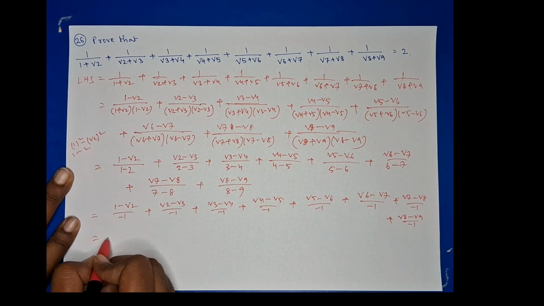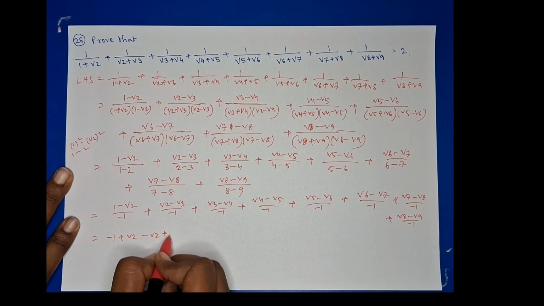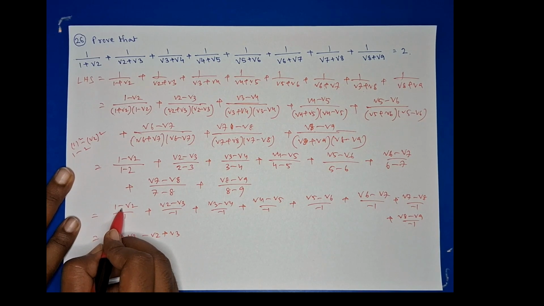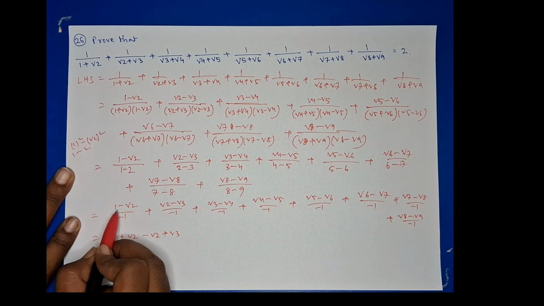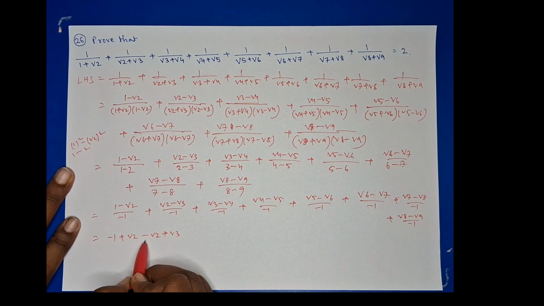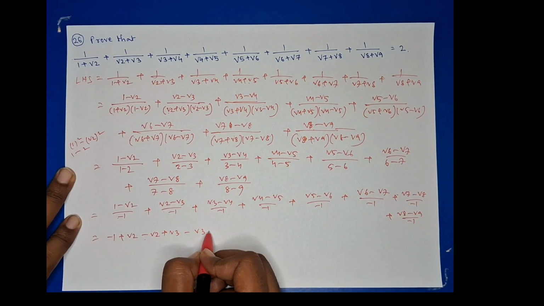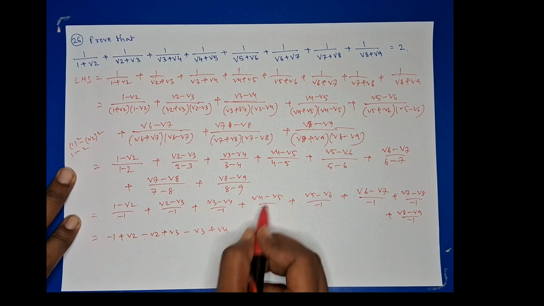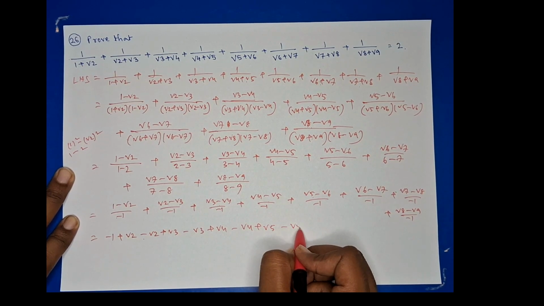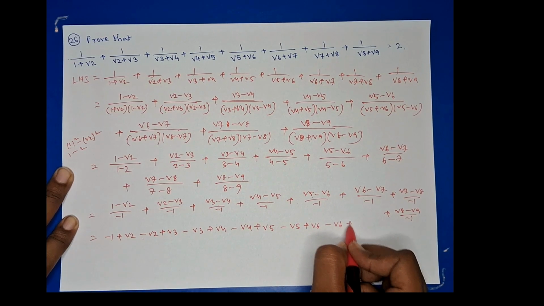So we can write it as minus 1 plus root 2 minus root 2 plus root 3. If this minus comes first, then the second term will be positive. First one is negative, second term positive. Then similarly, this first term will become negative and the second term will become positive. Similarly, this is root 3 plus root 4. And similarly, this one root 4 plus root 5. This one minus root 5 plus root 6. This one minus root 6 plus root 7.